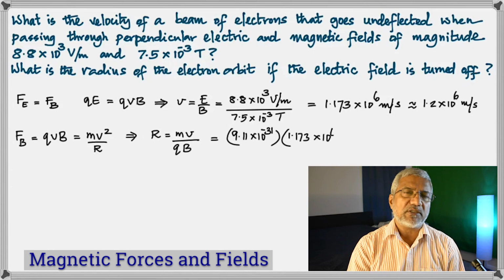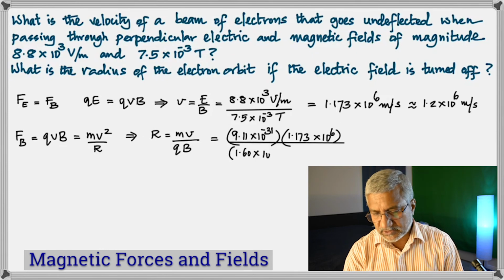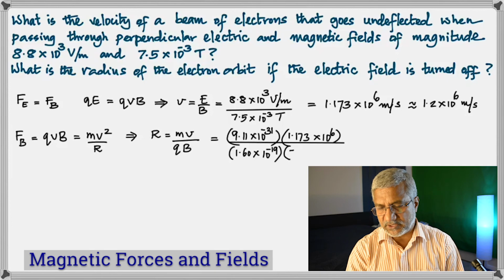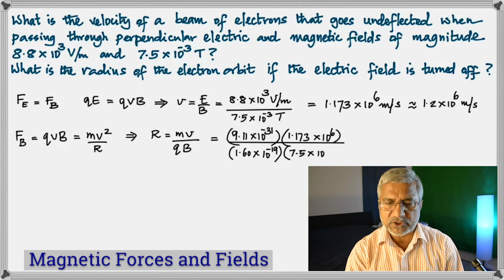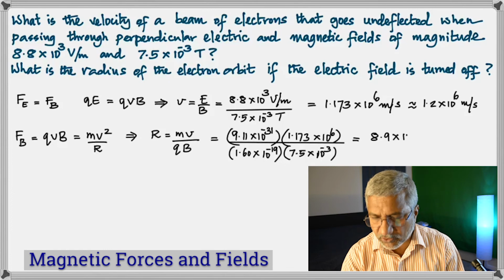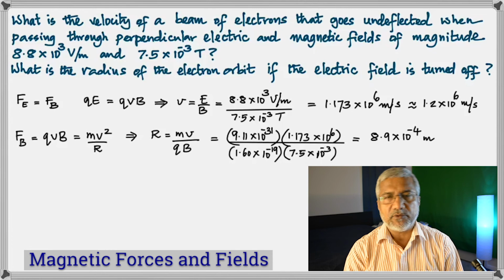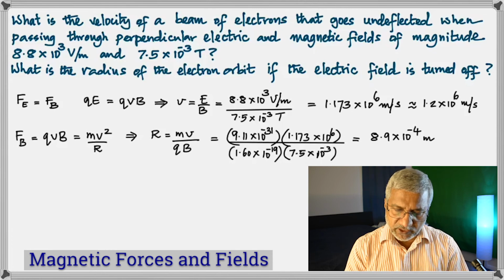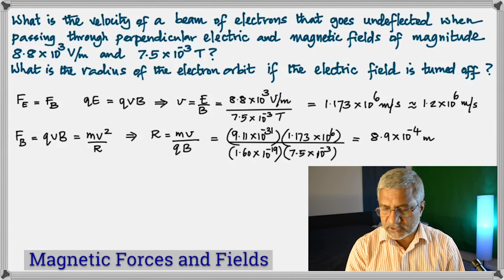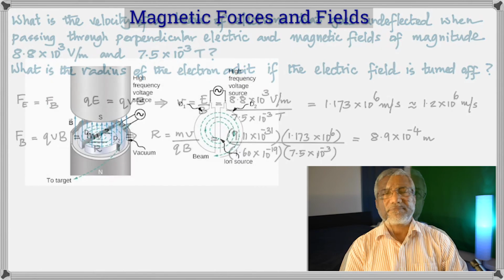We don't use the rounded off value, we use the actual value there. Charge of the electron times the strength of the magnetic field, which is, oh, sorry, 7.5 times 10 to the negative 3 Tesla. I was reading the electric field. And then you get the radius, 8.9 times 10 to the negative 4 meter.